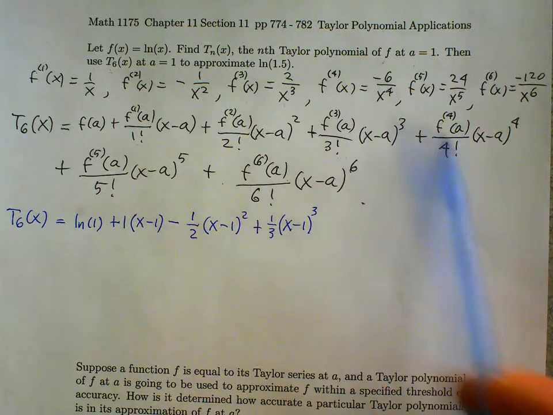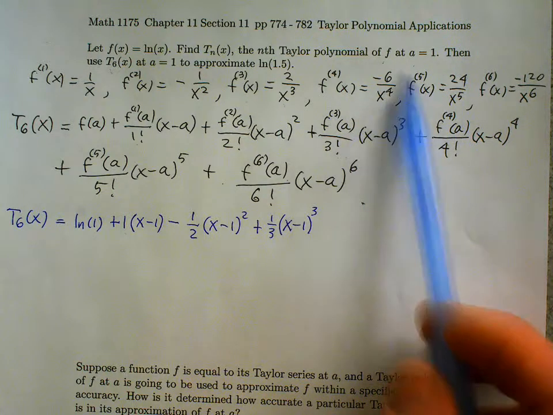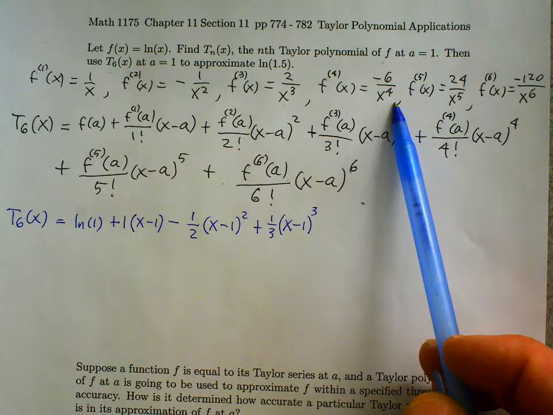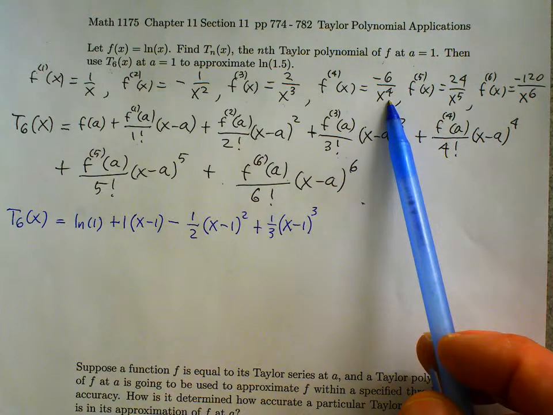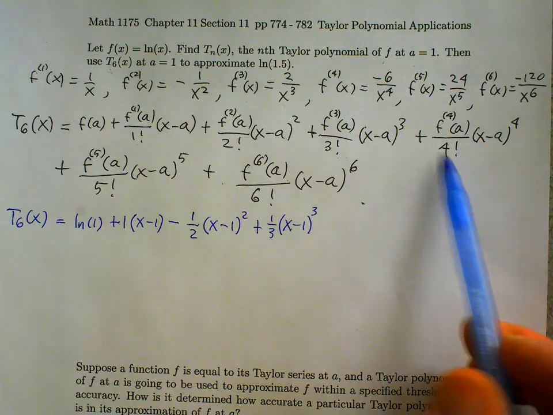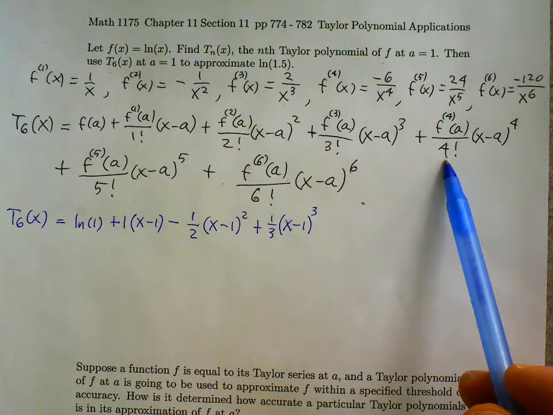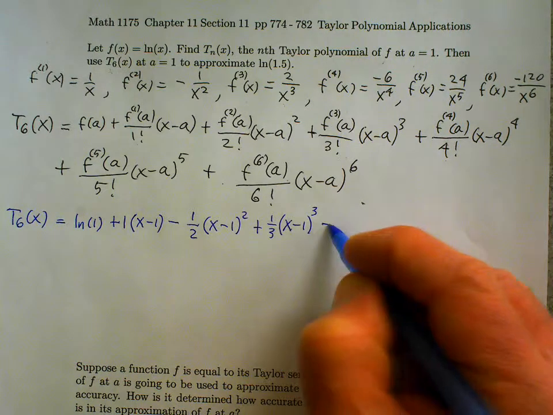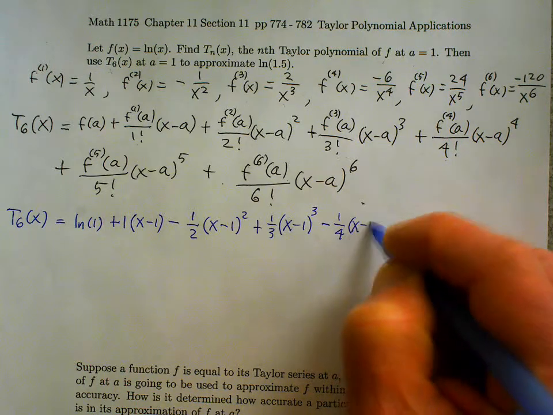And then the next term involves the fourth derivative of f, which is negative 6 over x to the fourth. Evaluate that at a equals 1. It's just negative 6. And so we're going to have negative 6 over 4 factorial, and that simplifies to minus 1/4 times x minus 1 to the fourth.